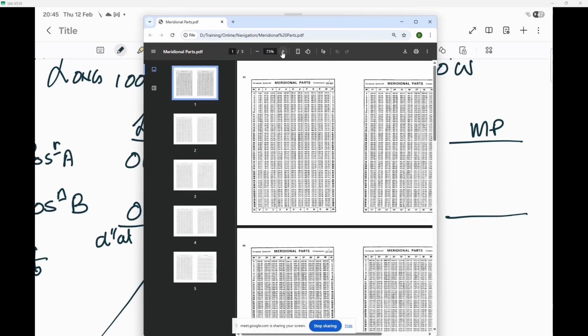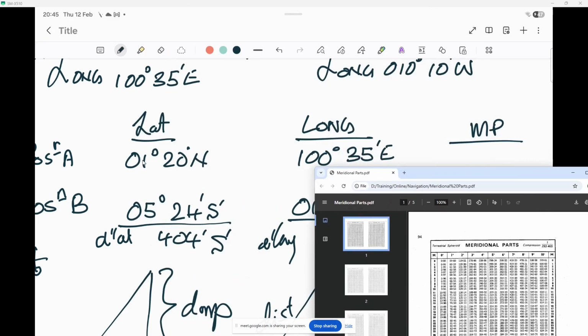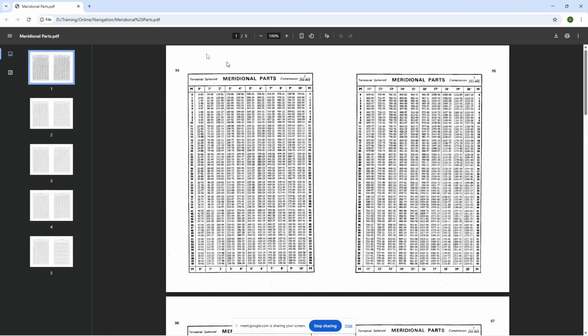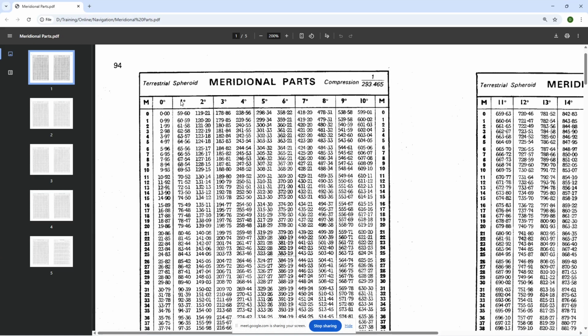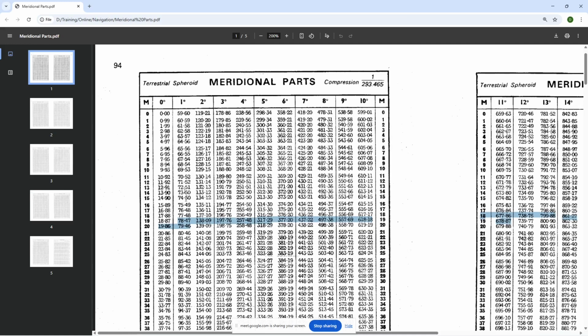Let's see. What we need is 1 degrees 20 minutes north. So let's go here. 1 degree here, and 20 minutes north is here, 79.46.